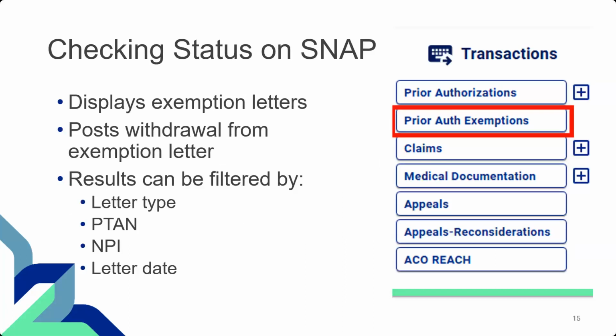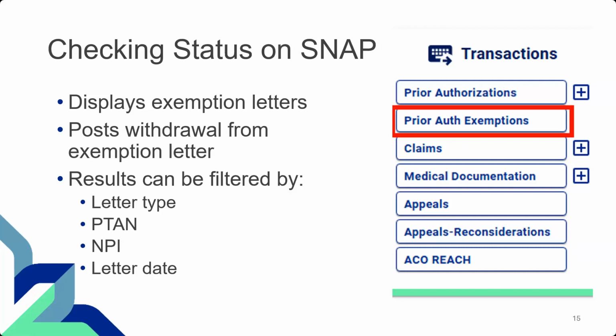Now, exemption status can be checked within our portal. For people who are standard users and or MPI administrators, there is an option located on the transaction card on the home page. I've outlined the option here. Now, in order to review these letters, you will need to have the hospital's MPI listed in your applicable service locations.